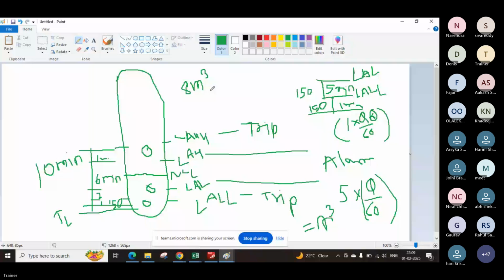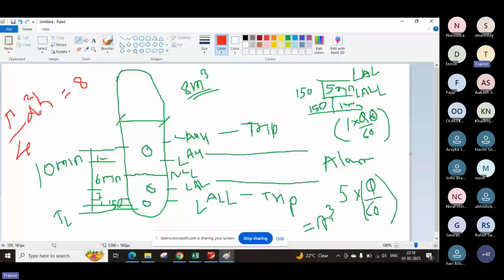Okay, so you know the diameter you have estimated from the equations, that is the terminal velocity. So you know the formula, that is pi by 4 d square into h. Okay, this is the volume. So you know this 8 meter cube you have to store based on the 5 minutes.